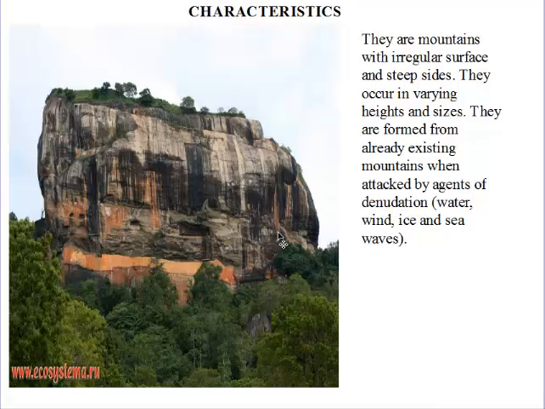Now let's look at some characteristics of residual mountains. They are mountains with irregular surface and steep sides. Because of the wearing down of the mountain, normally the mountain has irregular surfaces, and sometimes too they have steep sides, as you can see from here. Again, they are formed from already existing mountains.